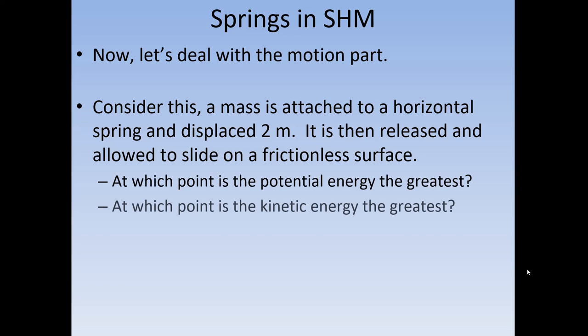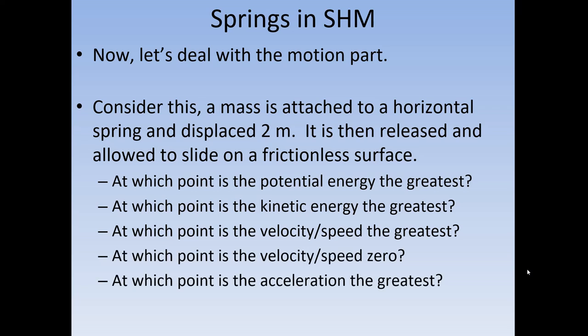Now, there are a few things that we want to be able to identify. We want to know at which point or points the potential energy is the greatest, which point the kinetic energy is the greatest, which point the velocity is the greatest, where the velocity is 0, where the acceleration is the greatest, and where the acceleration is 0.